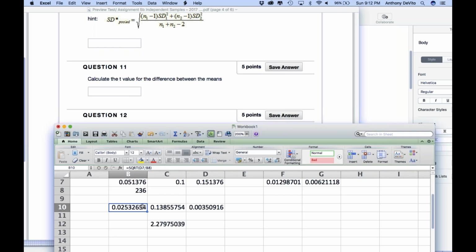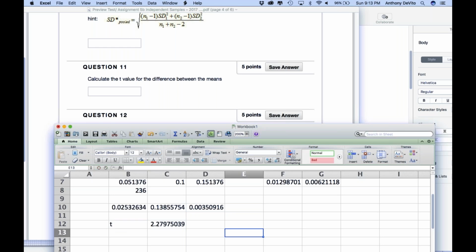Okay, so that's the pooled standard deviation, this is the square root of these two, and this is the standard error. This is the t-value that I got.